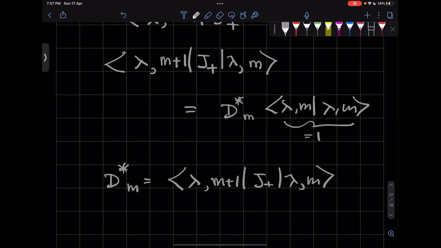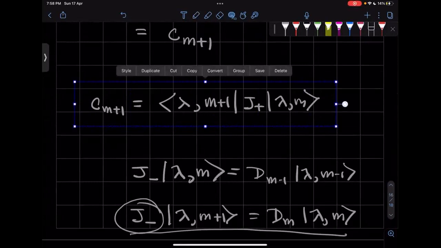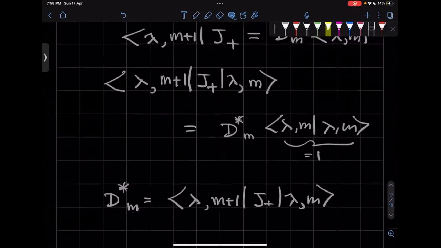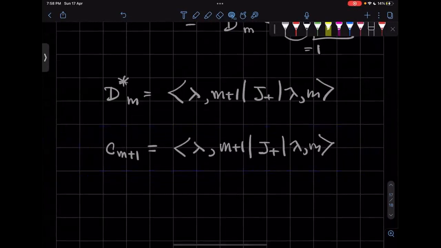Okay, so if I now go back and check our expression for C, let me take a copy of C and bring it down here. What do we see?